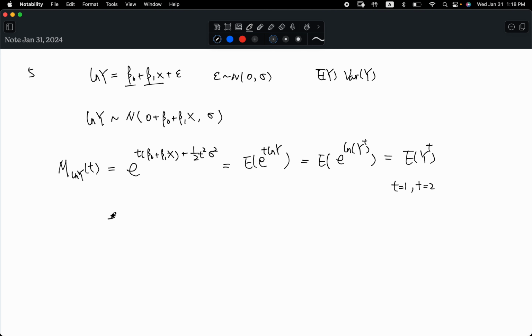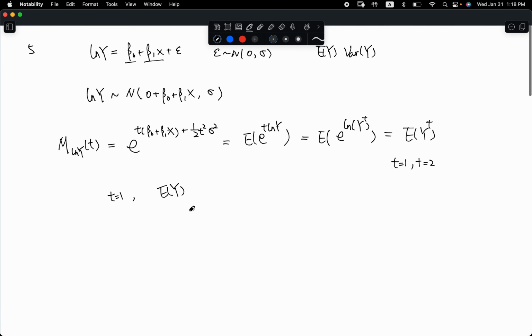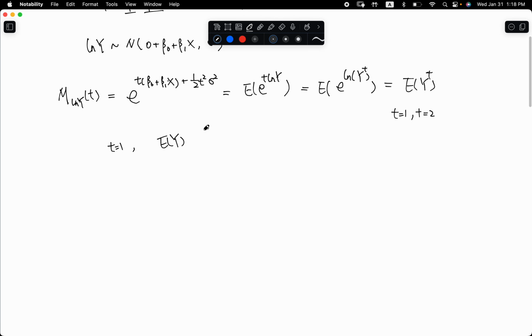Okay, so now we just need to evaluate. T equal to 1 is equivalent to the expectation of y, so e to the beta 0 plus beta 1 x plus 1/2 sigma squared.